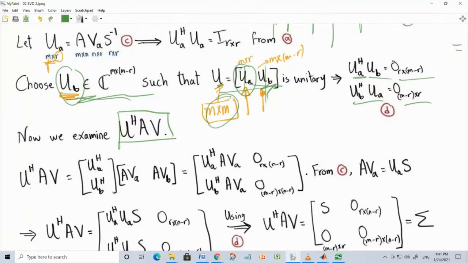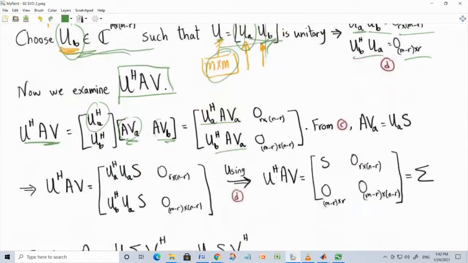So let's examine U Hermitian A V. U Hermitian is UA Hermitian, UB Hermitian, and AV is AVA and AVB. Now do the multiplication: this will be UA Hermitian AVA, and then UA Hermitian AVB. Remember that AVB gives you 0, and then you have UB Hermitian AVA. Because AVB is equal to 0, you also get a block of zeros here.